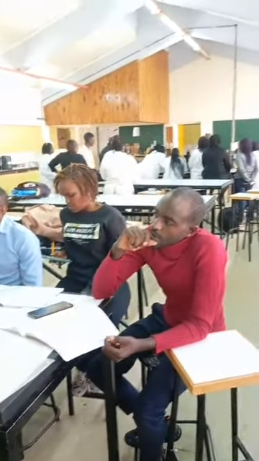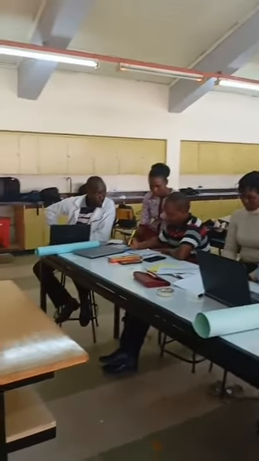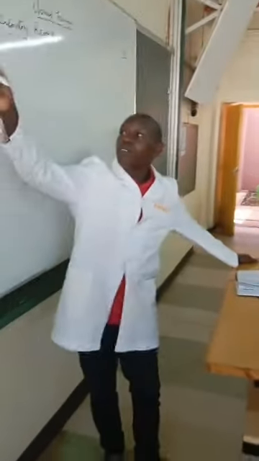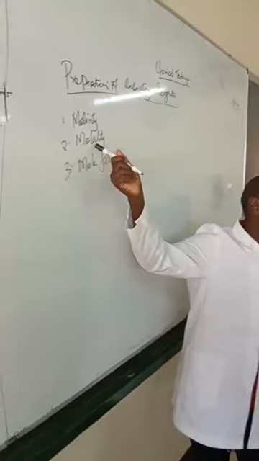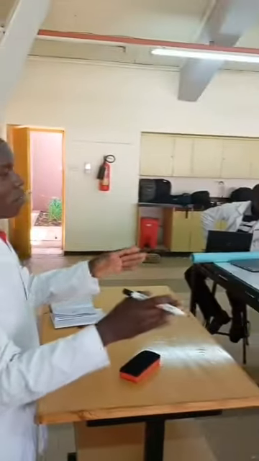And maybe in groups of 2, we can try to brainstorm so that you get an idea of what is molarity, that is group 1, group 2, molality, and group 3, the mole fraction. We can discuss this so that at least you have an idea of that.